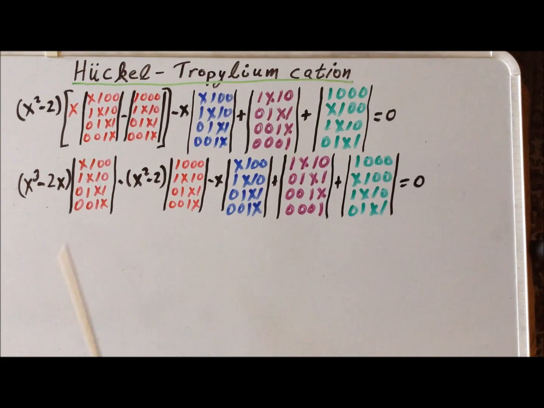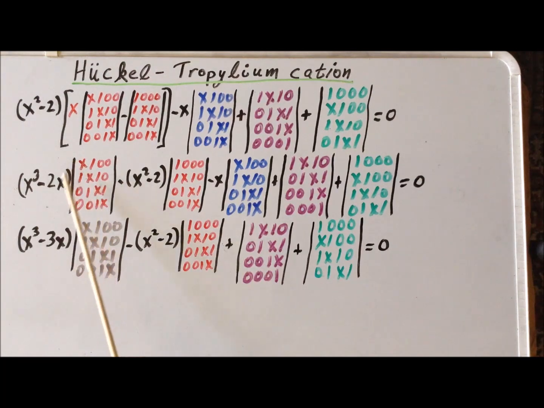Now we notice that this red determinant 4 by 4 here is exactly the same as this 4 by 4 determinant. So we're going to apply the same technique that we did before, and we're going to combine these, and at the same time we're going to change the color, and we're going to change this to brown.